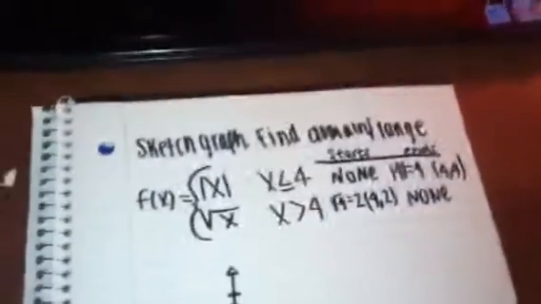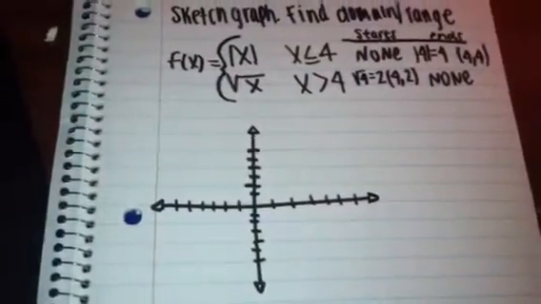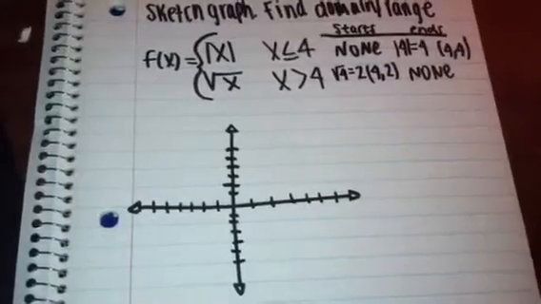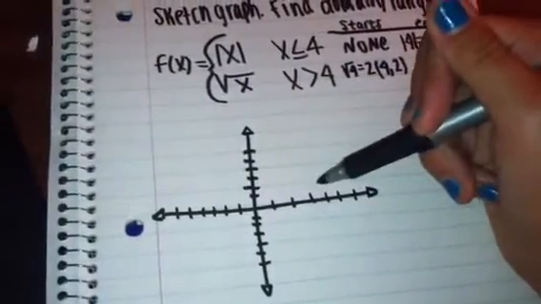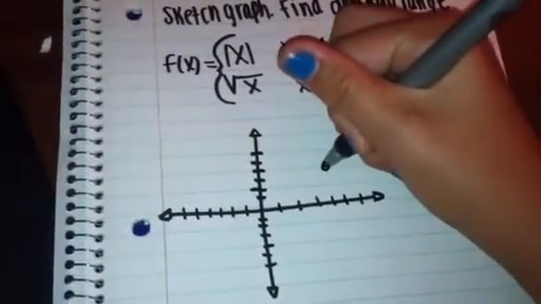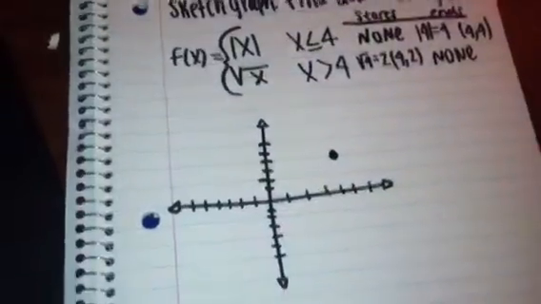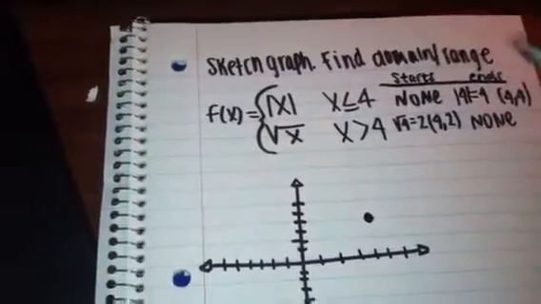And now, to graph this, we go over here to this empty graph, and we're going to graph the first part of the function by plotting where it ends. So it's going to be 1, 2, 3, 4, 1, 2, 3, 4. (4, 4). And it's going to be a closed circle because it is included, because it's less than or equal to 4, shown with this little line.